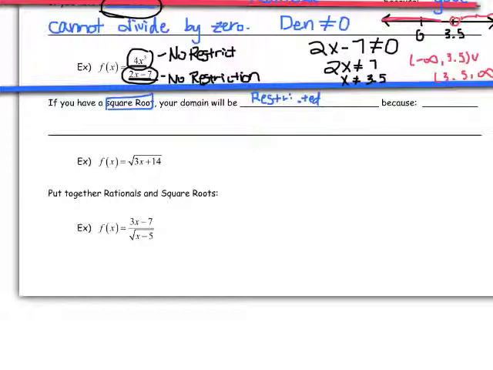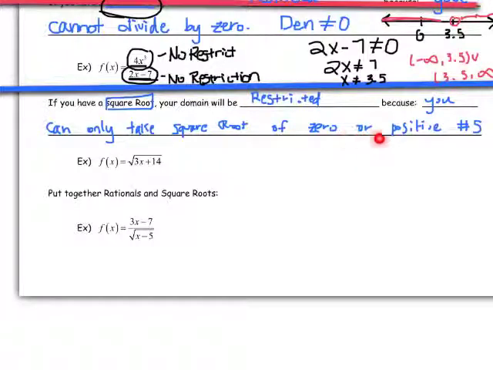Well, it's because you can only take a square root of 0 or positive numbers. You might be thinking, well, you probably should just say not negative, and that's true, but this is kind of just getting me to the rule.